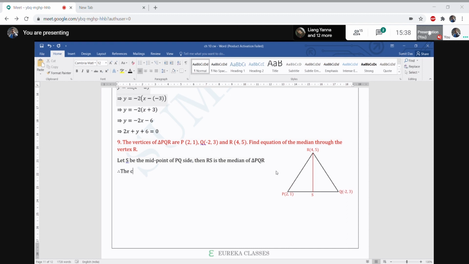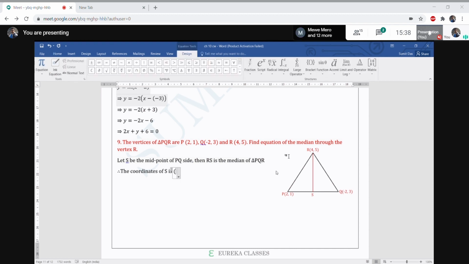Therefore, the coordinates of S is, how to find, what is the midpoint formula? Midpoint formula is x1 plus x2 divided by 2, right? So it will be x1, which is 2, plus -2, divided by 2, comma y1 plus y2, y1 is 1, plus 3 divided by 2.